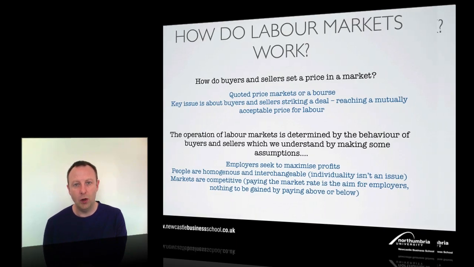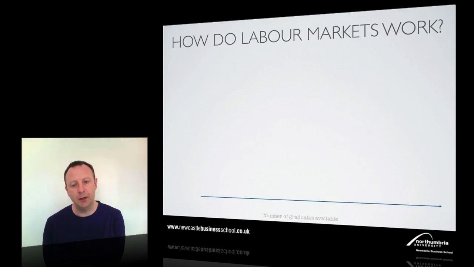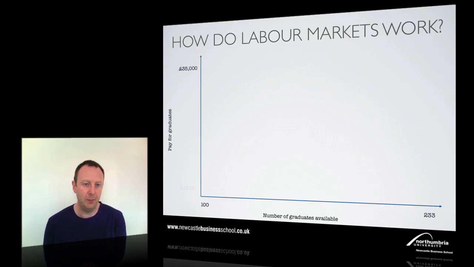So those are the kind of parameters that we're operating with generally in terms of our understanding of how labour markets work. Now, in terms of understanding the setting of a price in a labour market, we can draw it as a simple demand-supply curve.